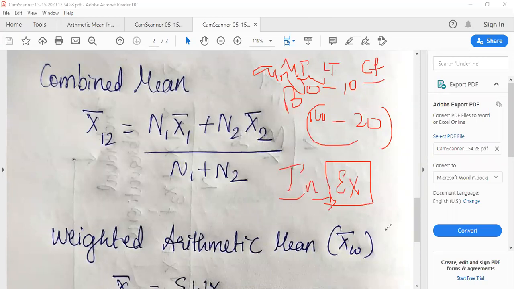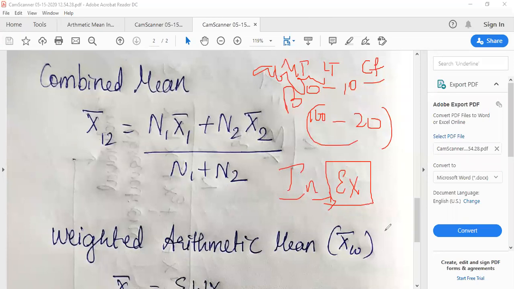Now for BBA students, you have 2 more extra concepts in arithmetic mean, that is missing frequencies and incorrect arithmetic mean. For these, you will have to be careful with the formulas. For incorrect arithmetic mean, you will have to find the correct sigma x.